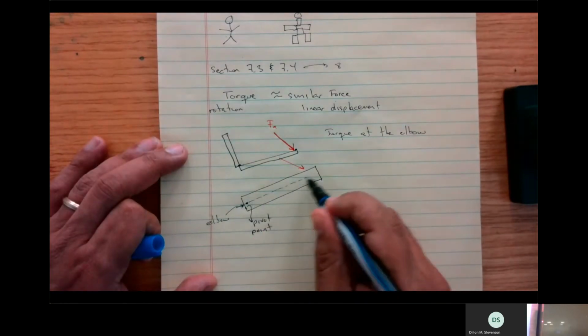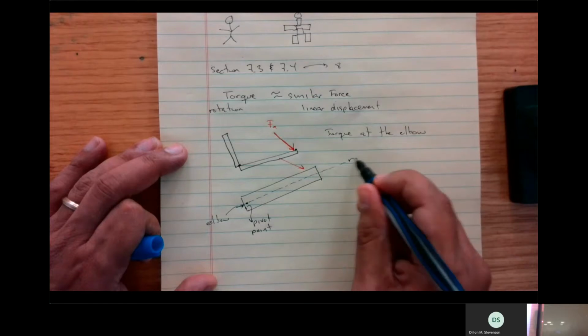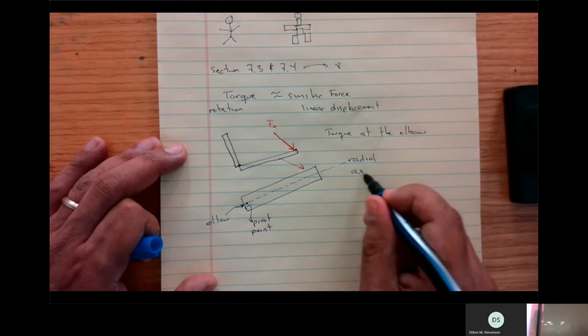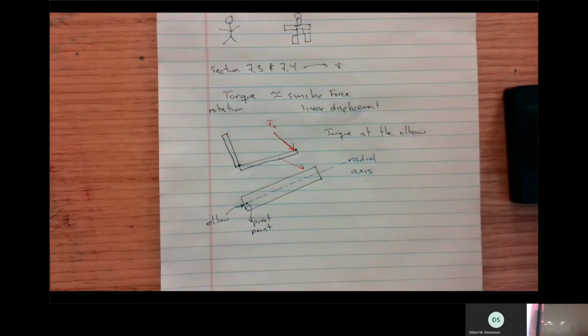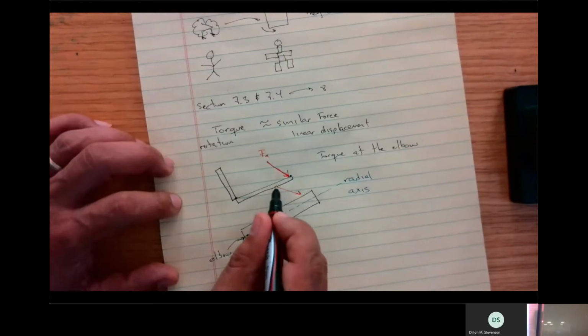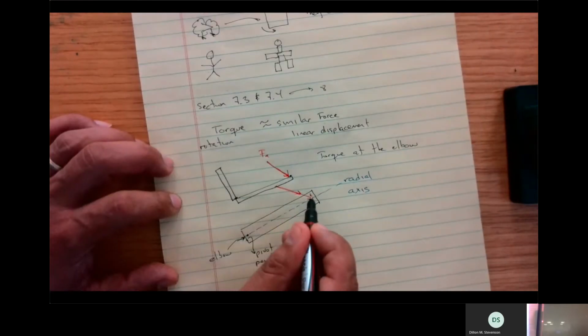This is called the radial axis or radial line. And you can imagine that this force line can extend all the way to that radial line.